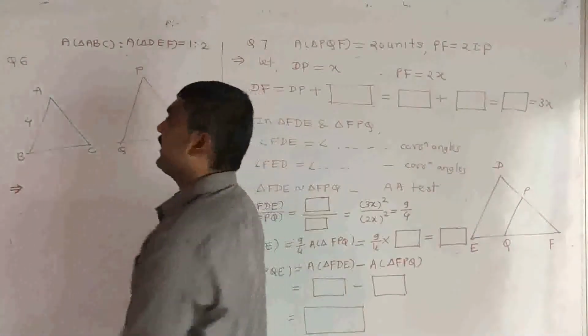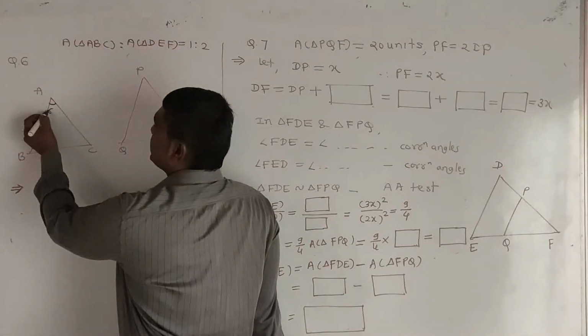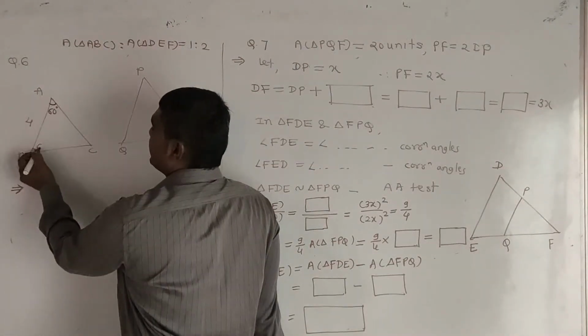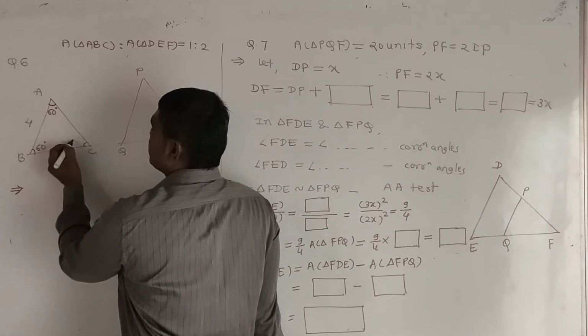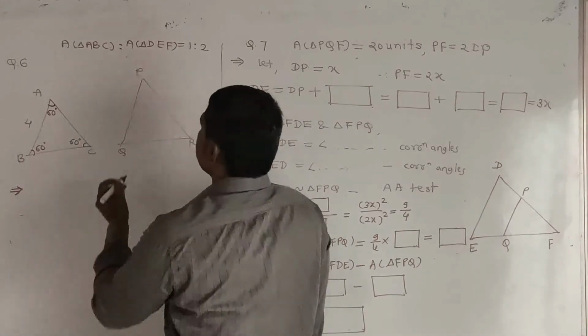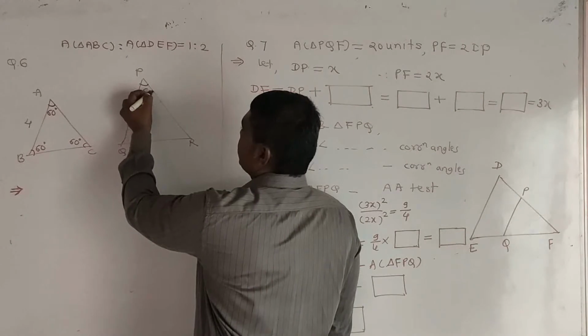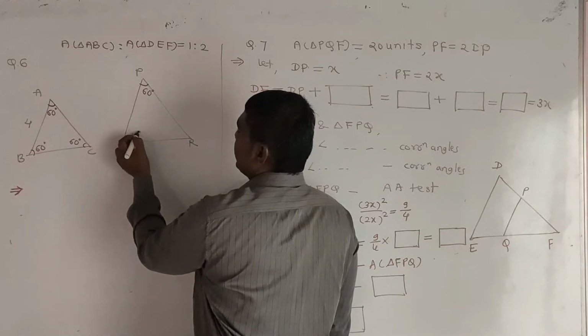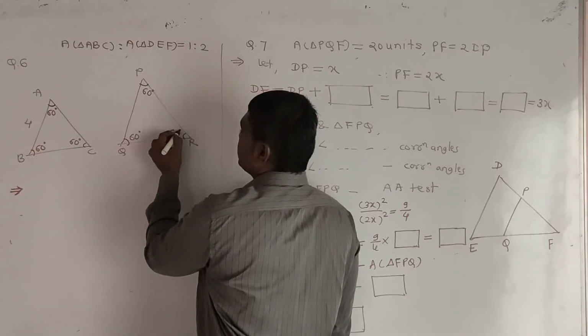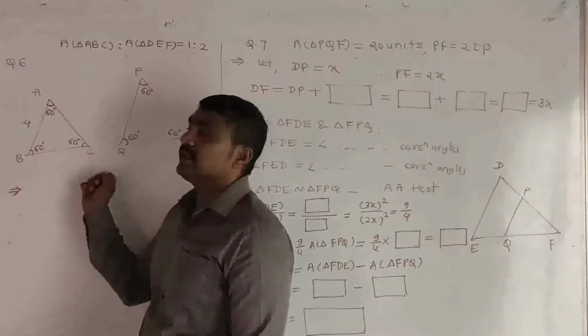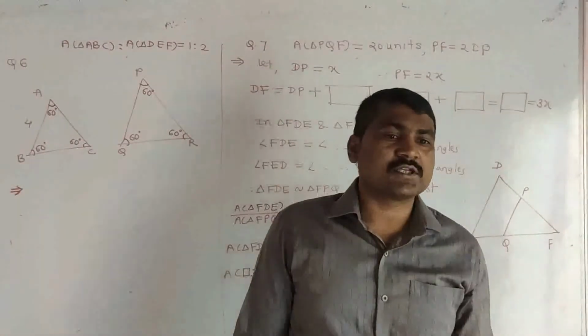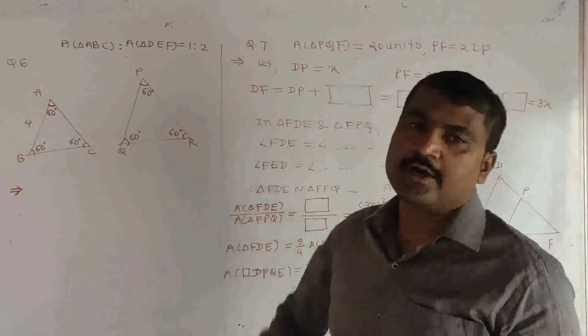So I am writing here angle A is 60 degrees, angle B is 60 degrees, angle C is also 60 degrees. Here P is 60 degrees, Q is 60 degrees, and R is also 60 degrees, because it is given that these two triangles are similar triangles.